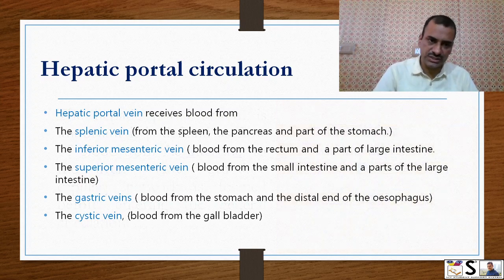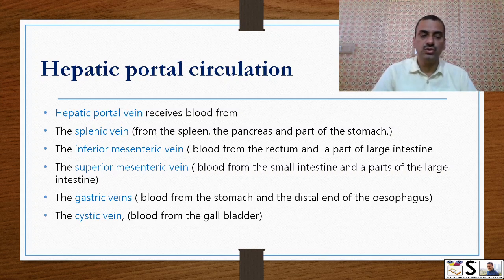Hepatic portal circulation starts with the hepatic portal vein, which receives blood from the splenic vein. The splenic vein collects deoxygenated blood from the spleen, pancreas, and stomach. Then the inferior mesenteric vein receives blood from the rectum and part of the large intestine. It contains a lot of nutrients.